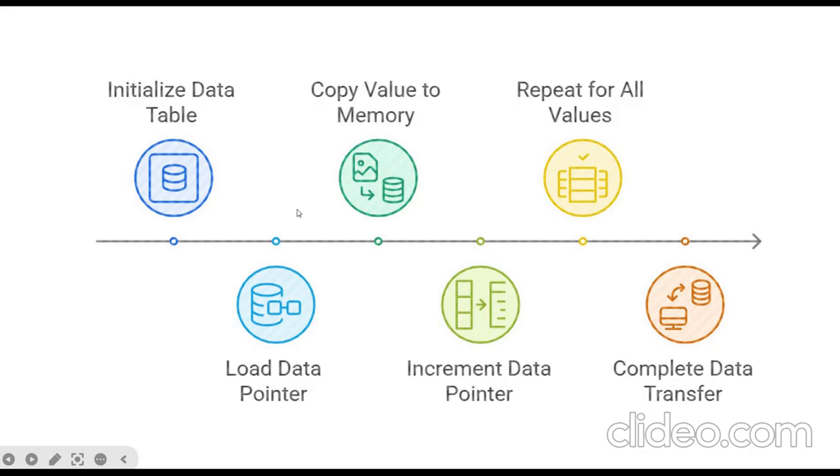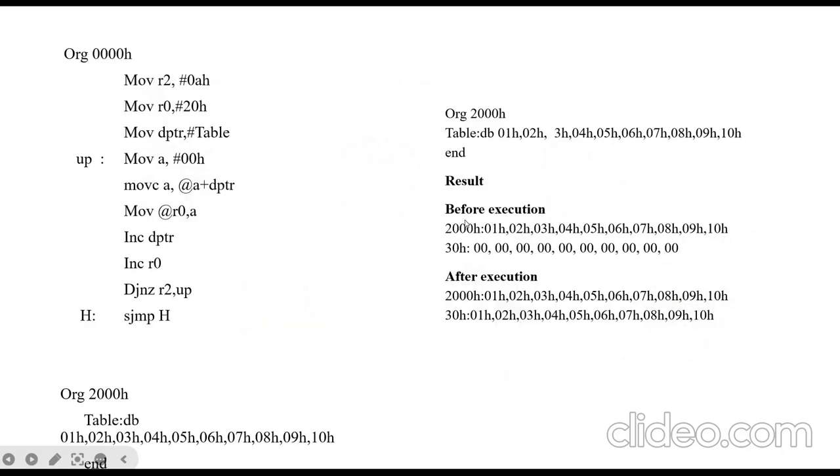It will initialize the data table, then load the data pointer, copy a value to the memory, then increment the data pointer, and repeat this for all the values, until r2 is 0, that is the counter value is 0. It is done until the complete data transfer is carried out. So this is the program here.